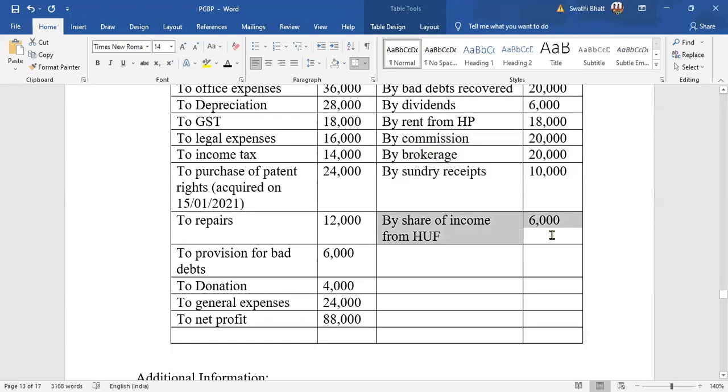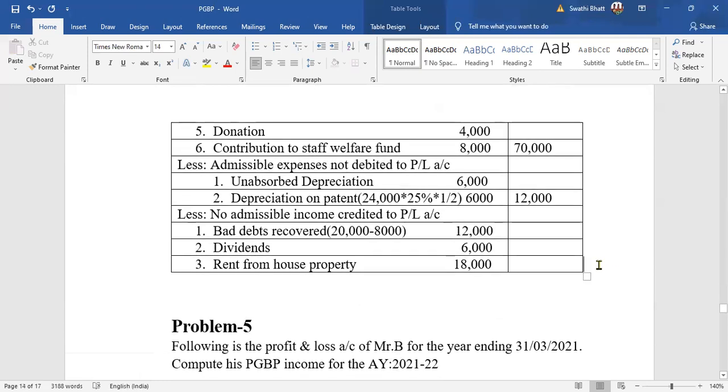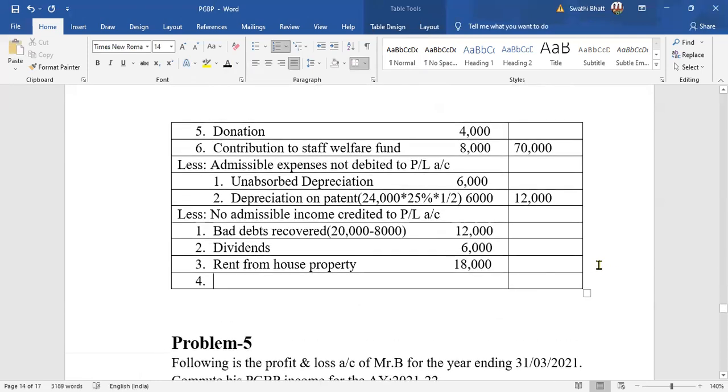And the last one, share of income from HUF, is not a business income. It is not admissible. An income which is not admissible, you will be deducting it. So share of income from HUF, and it will sum up to 6,000 rupees.